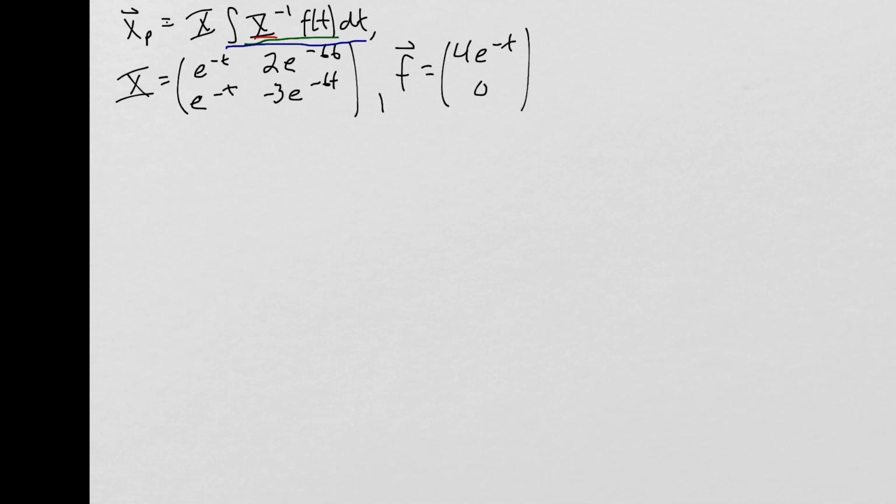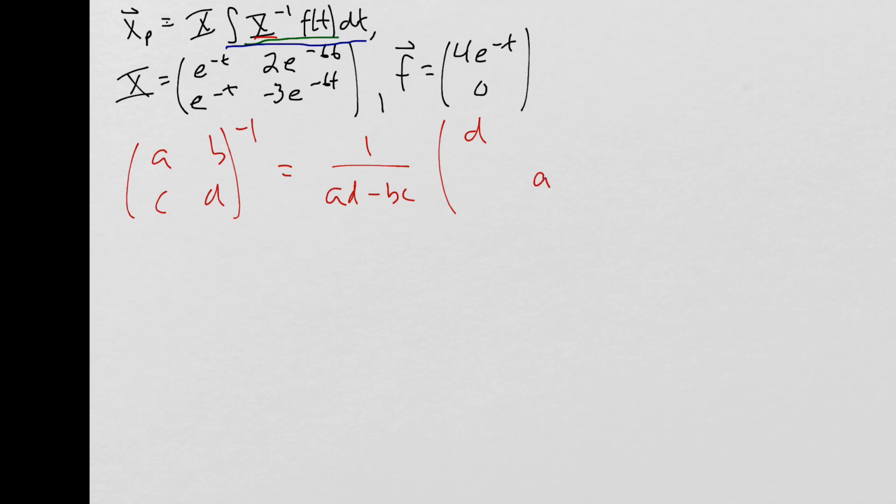Remember, I've got x listed right there. For a matrix A, B, C, D, the inverse is 1 over the determinant, that is AD minus BC, times, switch the A and the D, and then negate the other two, minus B, minus C.